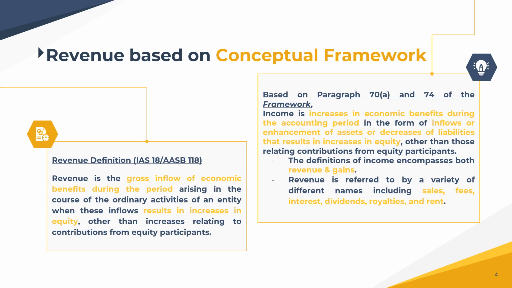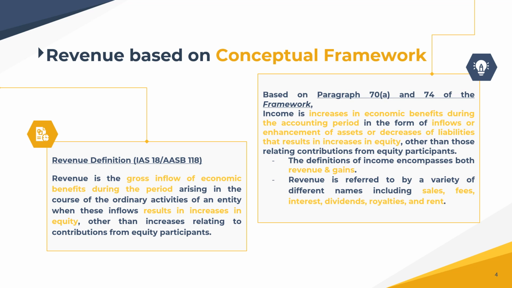Next, I'm going to talk about revenue based on the conceptual framework. Based on AASB 118, revenue is the gross inflow of economic benefits during the period arising in the course of the ordinary activities of an entity when these inflows result in increases in equity, other than increases relating to contribution from equity participants.